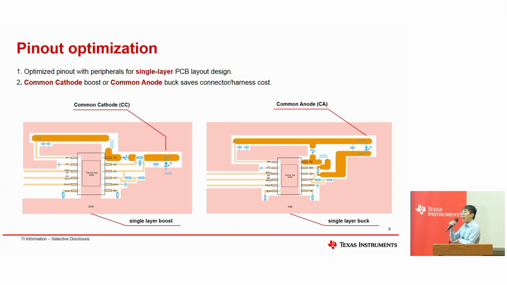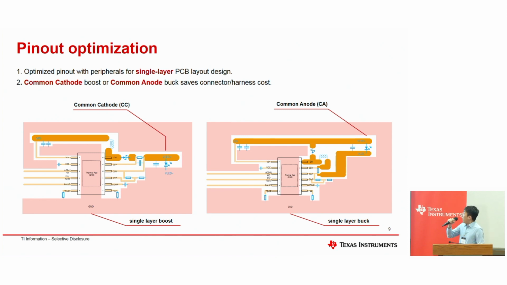So when designing this new LED driver to accommodate those high power density applications, we wanted it to support a single layer PCB layout. When you're designing the LED board, you can use aluminum or copper materials on the back of your PCB to efficiently dissipate the heat generated.